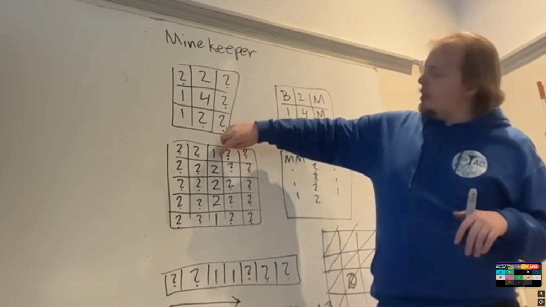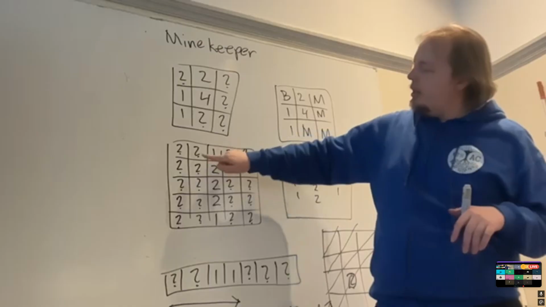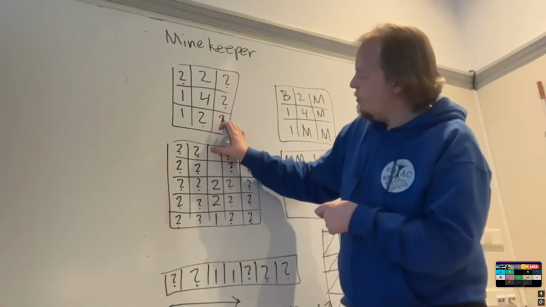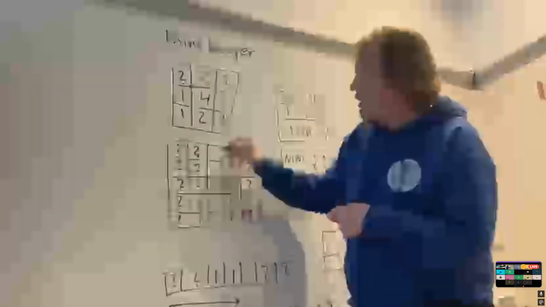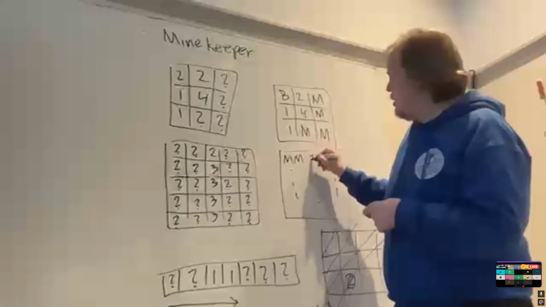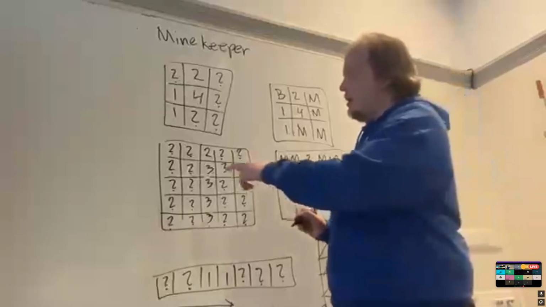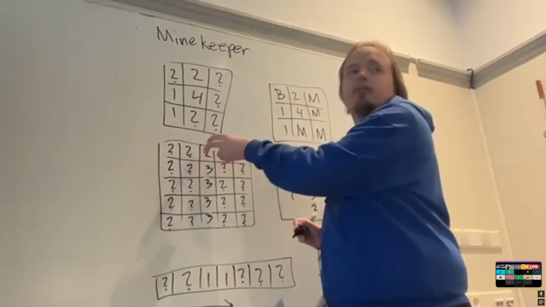And the interesting thing is that now when you look at this guy, yes, okay, it makes much more sense now. No, 2 is correct because then both of these are mines.